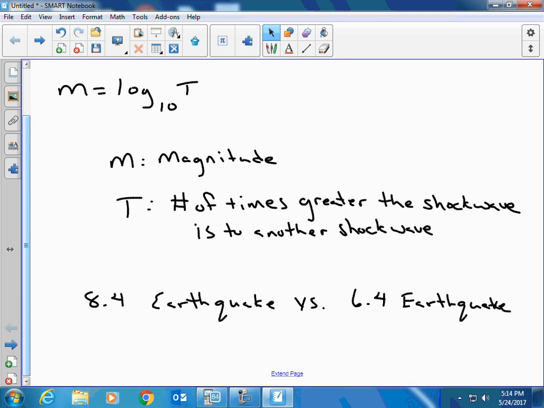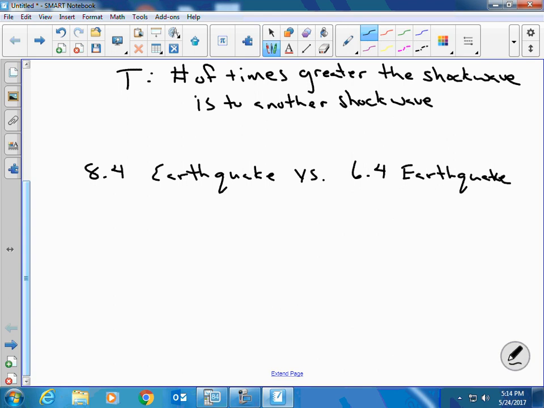So I know the magnitude on the Richter scale is 8.4, so let's plug in an 8.4 for m. And let's have log base 10 of t. And I'm looking for the magnitude of t. So t equals 10 raised to the 8.4 power.